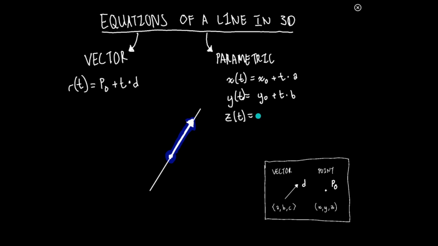Z naught, what do you think it's going to be, right? z of t is equal to z naught plus t times c. So we have our set of parametric equations right here. Let's go back and apply this to another problem now.